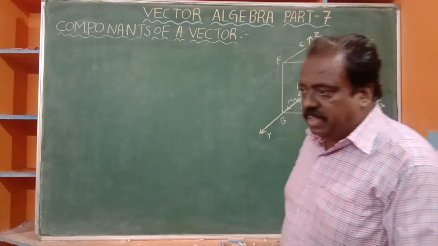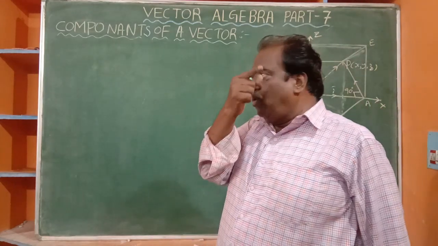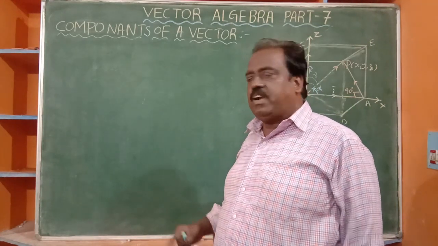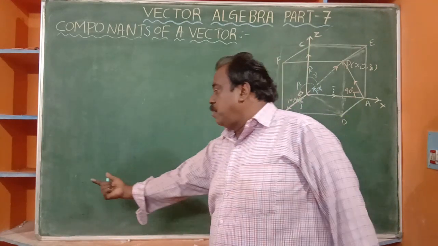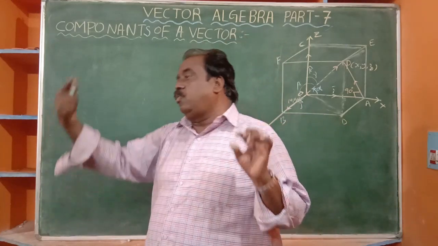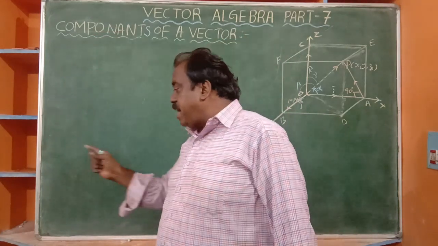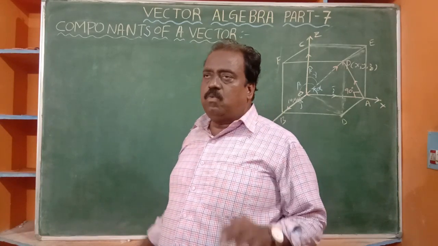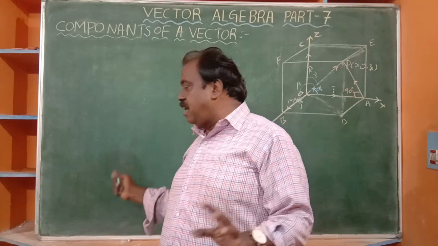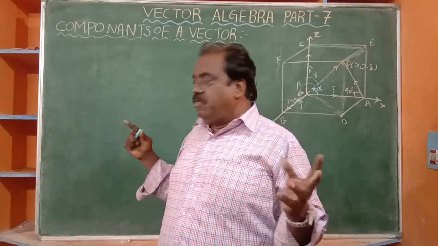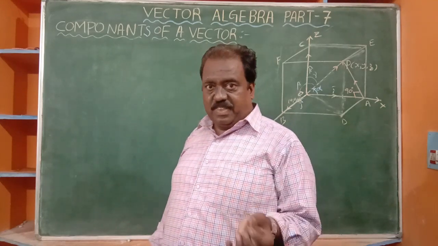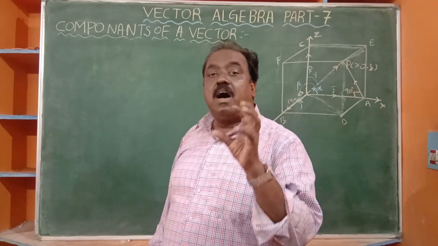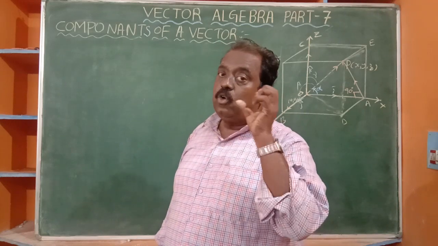Any vector OP bar, no doubt, makes some angles with the x-axis, y-axis and z-axis, whatever the position. Suppose not only OP, OQ is there. It is also making some angles with x, y, z. For example, if the OP line makes angles alpha, beta, gamma with the x, y, z axes, then cos alpha, cos beta, cos gamma are called direction cosines.